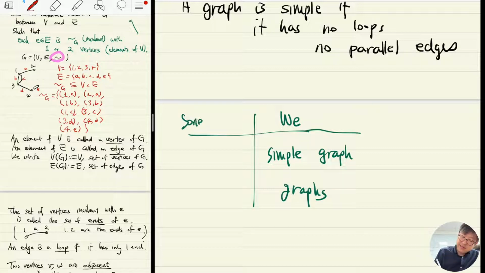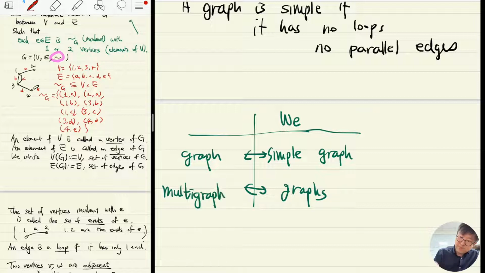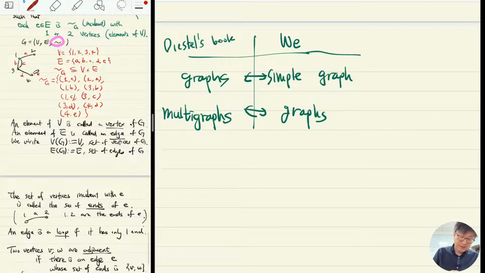Sometimes people use graphs for simple graphs and multigraphs for graphs. So whenever you read somebody saying multigraph, that just means a graph for us. Whenever somebody says graphs, we have to be careful whether it means graphs or simple graphs. In particular, this is from Diestel's book.